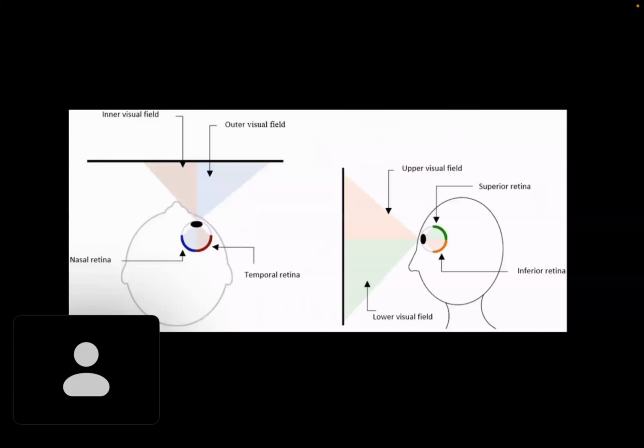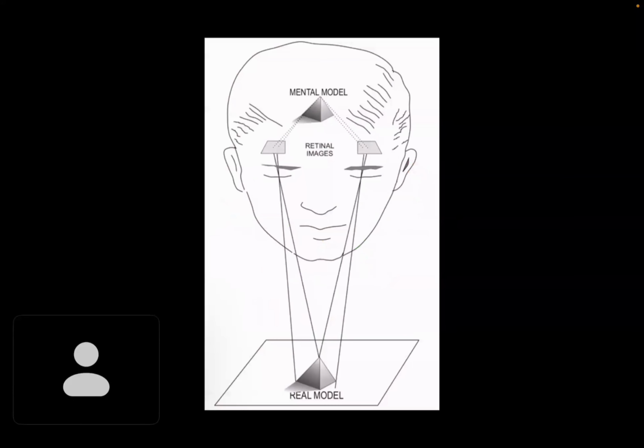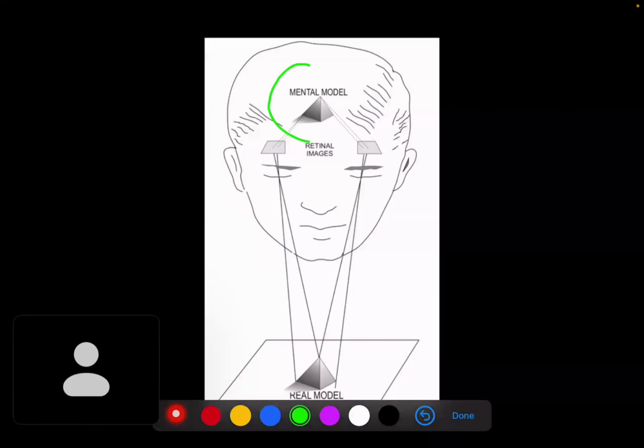There are two visual fields to fuse. The right eye has one visual field, the left eye has another visual field. What happens here? The two fields see the same object from two different angles, and then the brain reconstructs the image, and you get a 3D idea.